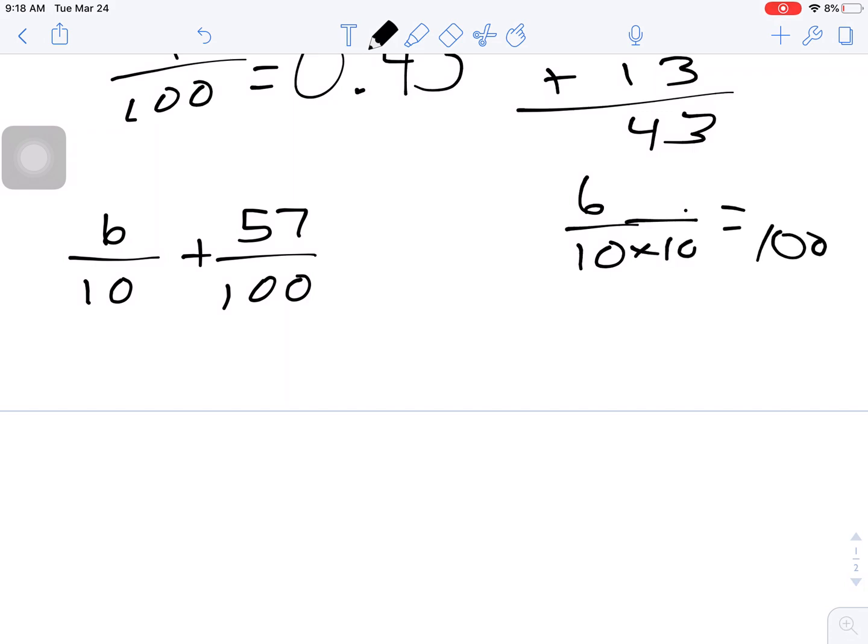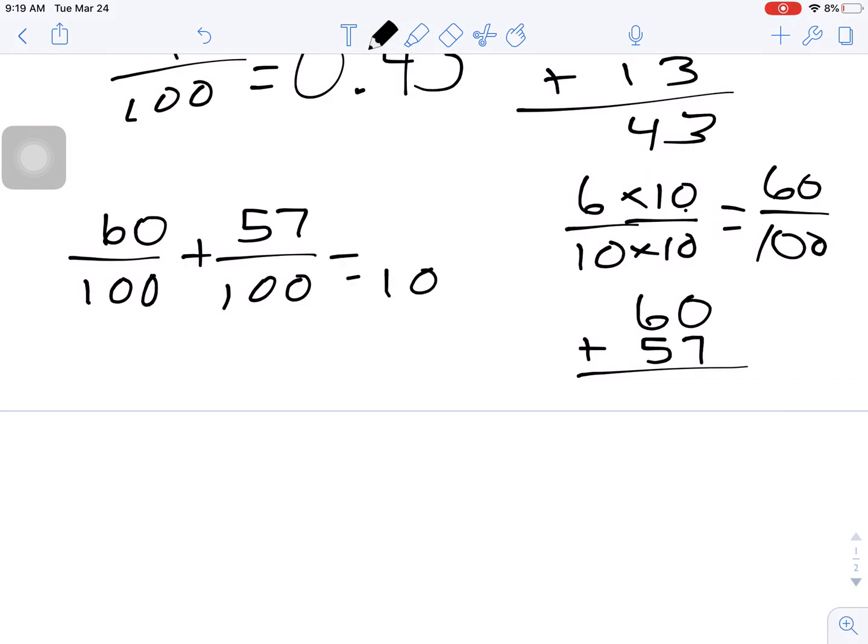So 10 times 10 is 100. What I do to the bottom, I also do to the top. 6 times 10 is 60. So here I have 60 hundredths, which is equivalent to 6/10. Now I'm going to add 60 plus 57. Remember, my denominator doesn't change. So I have hundredths still.